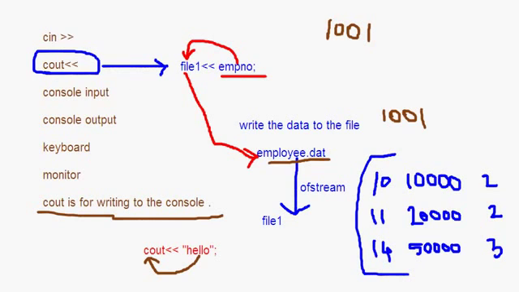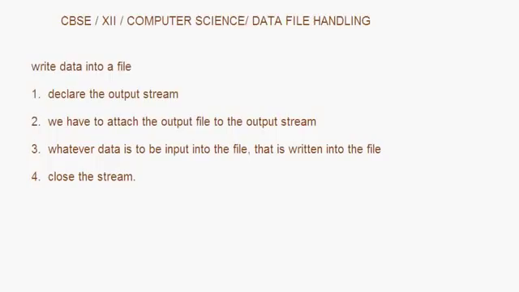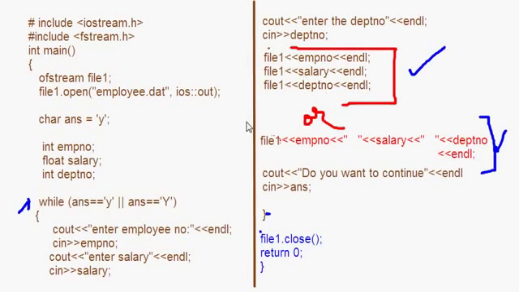With that, I'll conclude the topic on writing data into a file. In our next session, we will take up how to read data from a file. This is the simplest way in which data can be written into a file. When we proceed further, we will look at how objects are written into a file.